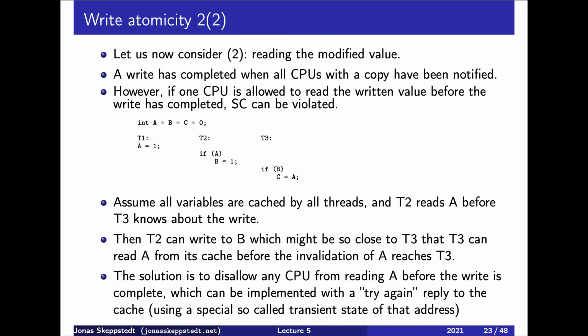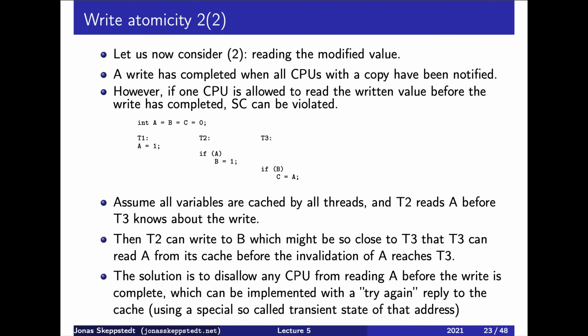As we will see, there are different so-called states of an address. Either memory block state, state in the memory, or another set of states in a cache. And in the memory, a cache block or memory block can be in a so-called transient state.